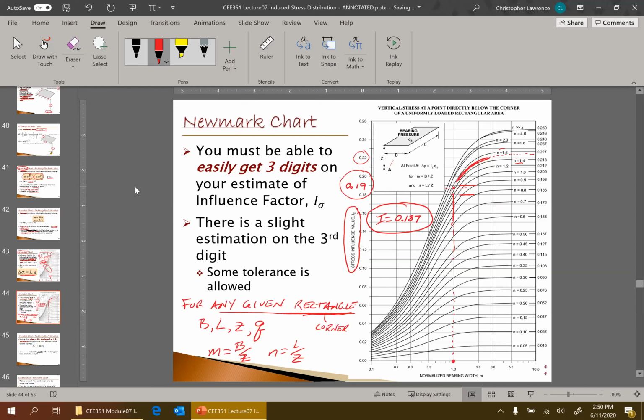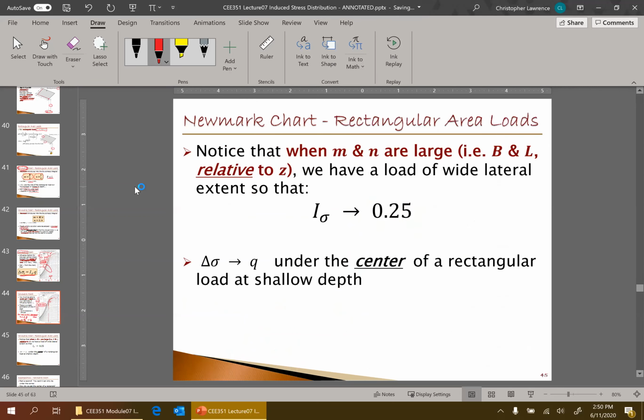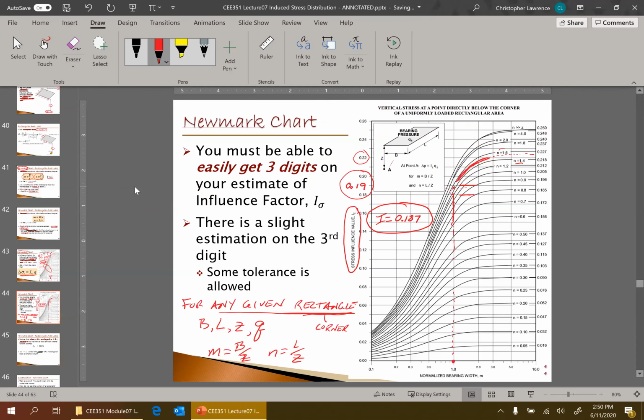All right, but then that brings us to an important point. What I said was you can only do the corner of the load. And on the next slide, it points out that influence factor, I, asymptotes to 0.25. It maxes out at 0.25.